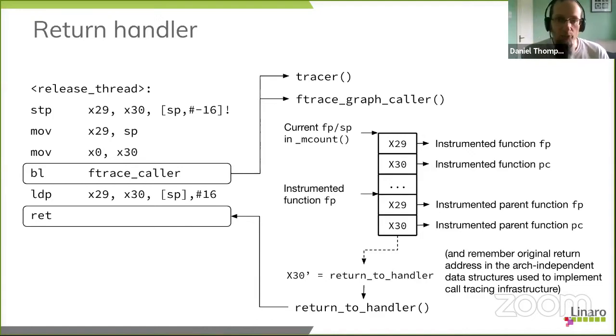Essentially, all we're doing is looking at where the return value has been stored on the stack, and we are modifying it so that instead of returning through the original program counter value that was pushed onto the stack, we go to a different place. We end up in this thing called the return to handler. And so essentially we go down the stack, we find the return address and replace it with our own return address. And then we store the original return address in a shadow stack.